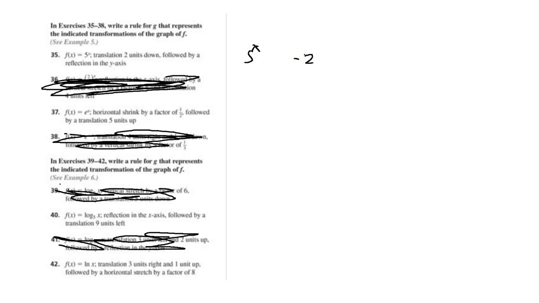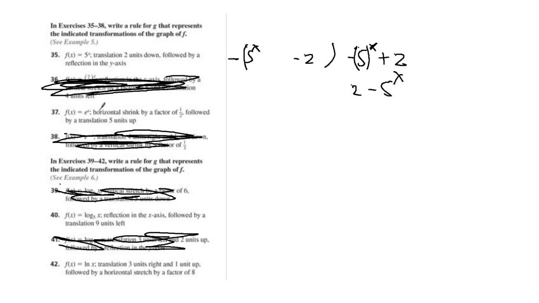So reflection in the y-axis, so the whole thing is negative. So then we can either say negative 5 to the x plus 2, like that, or 2 minus 5 to the x.